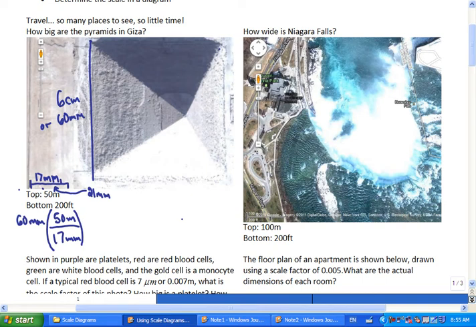So you probably recognize now where rates have come into this. It should look a lot like a rate problem to you. And I'll just cancel my units here. And I end up with, let's see here, 176 meters for that pyramid. Okay.